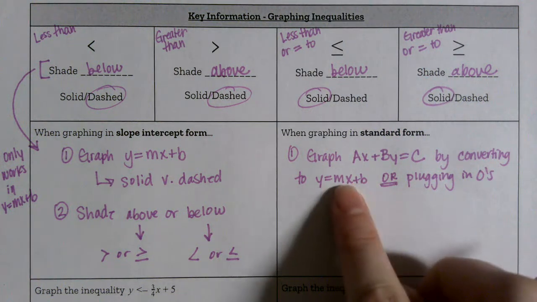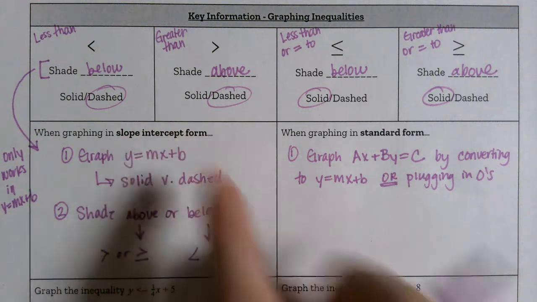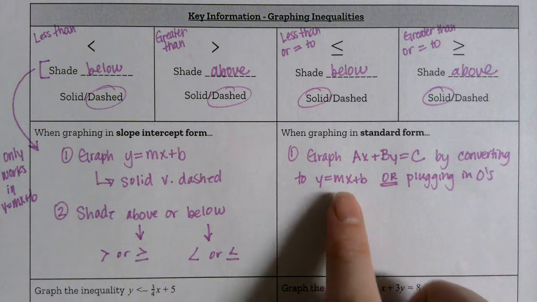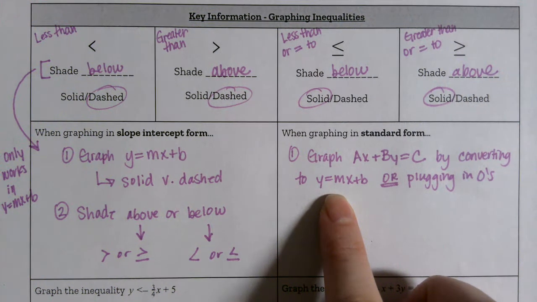If you convert it, then you can follow these steps at that point because you have then converted it to slope-intercept form. But you do have to remember that if you convert, you have to remember to flip your inequality if you multiply or divide by a negative.